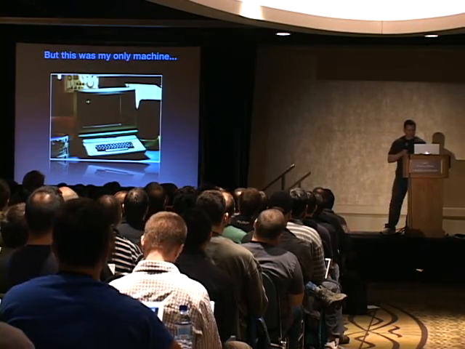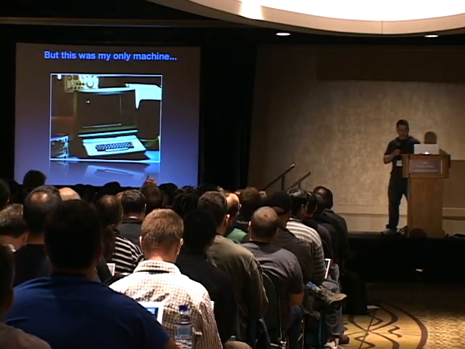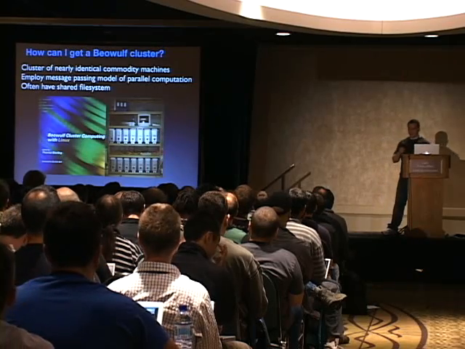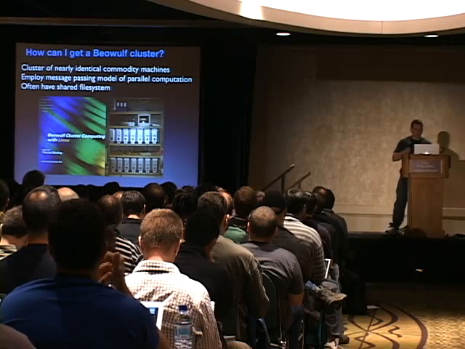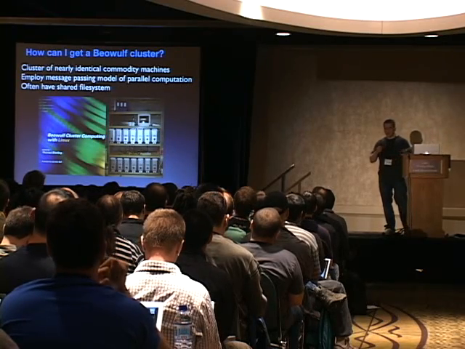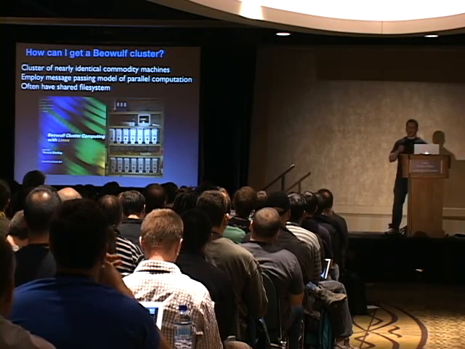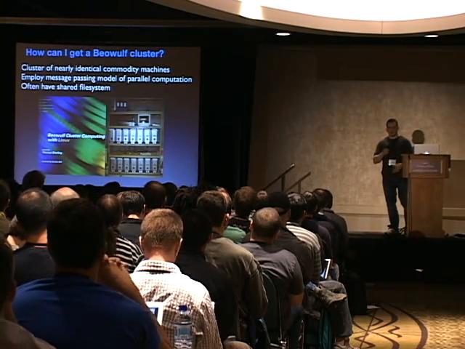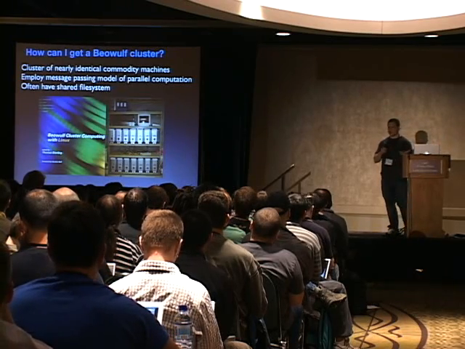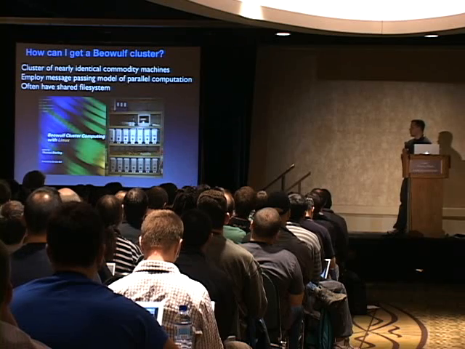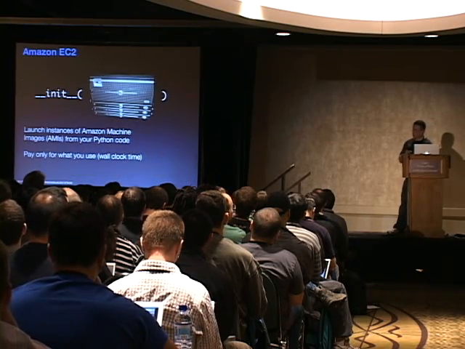And so you ask yourself, okay, if I have very limited resources, how can I get myself a cluster? And again, some people might not be familiar with Beowulf clusters. Generally, the idea is, okay, let's use commodity hardware and network together a bunch of identical machines, and use message passing, some kind of parallel programming paradigm, to spawn out your work.